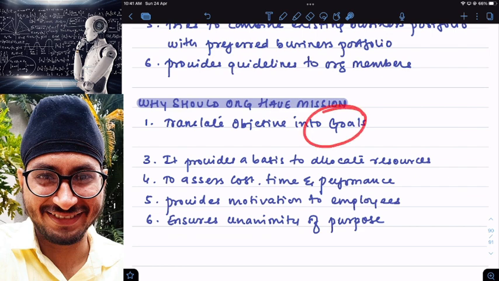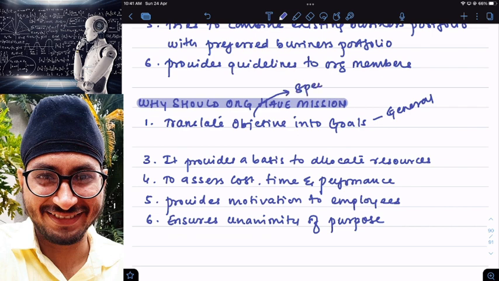That is called a goal. It is general. Now, I want to increase market share by 20% by the end of the year 2022. That is called what? Objective.